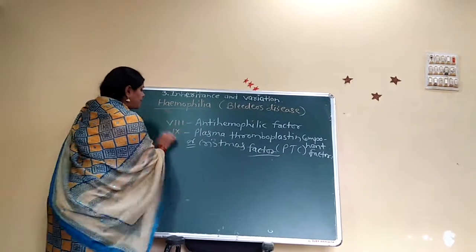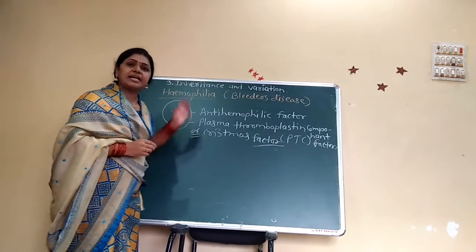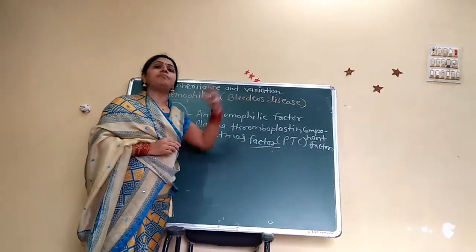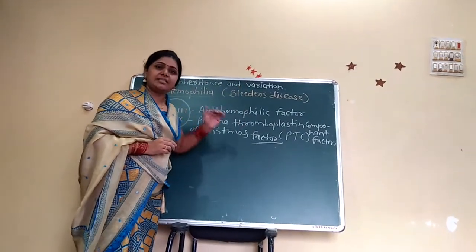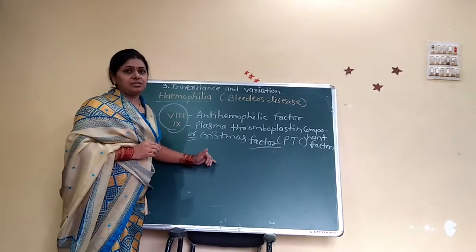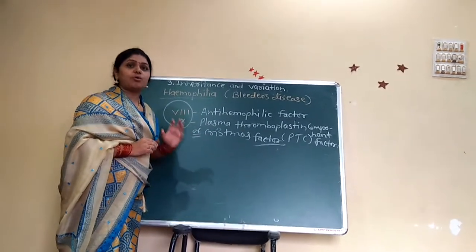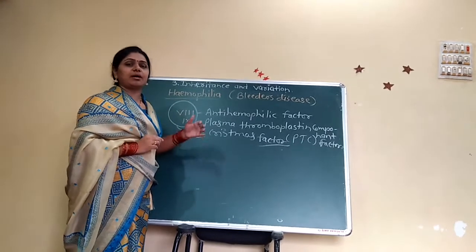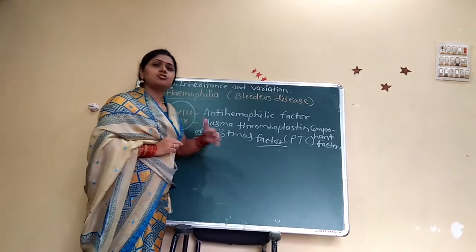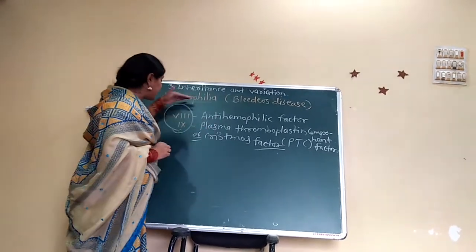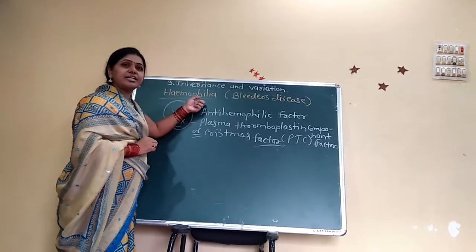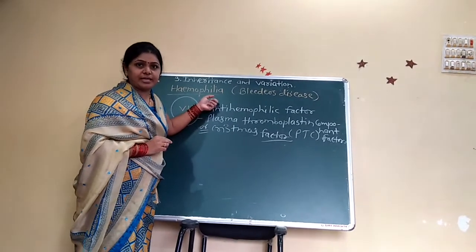These two factors are absent in hemophilic persons, and that's the reason blood does not coagulate or clot, or clots very slowly. That condition is called hemophilia.